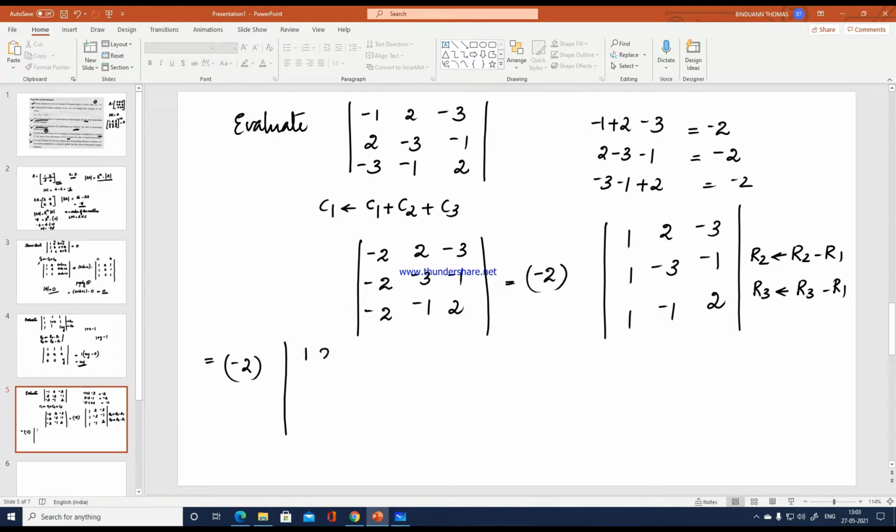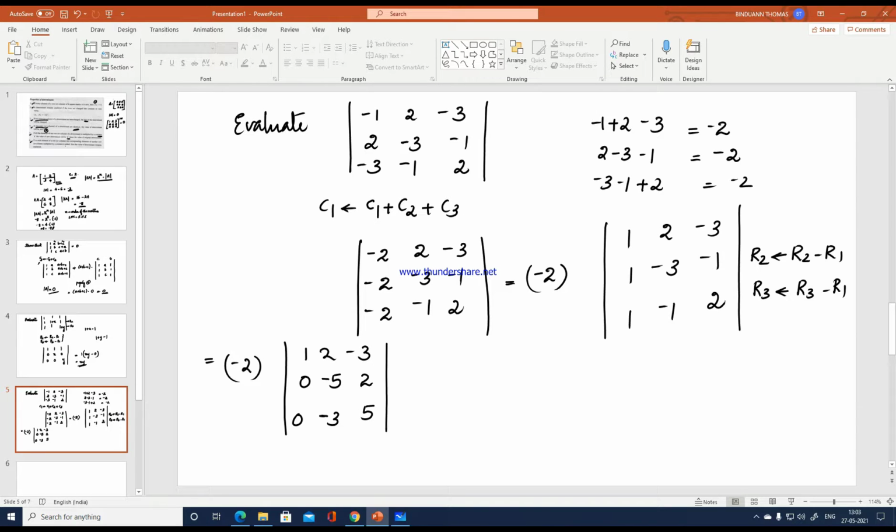So write the 1, 1, 1 as such. Then R2 minus R1 means it will be 0, minus 3 minus 2 will be minus 5, minus 1 minus 2 will be minus 3. Then the other one is 0, minus 3 minus 2 is minus 5, and 2 minus 1 is 1.